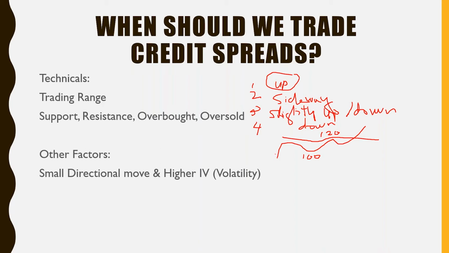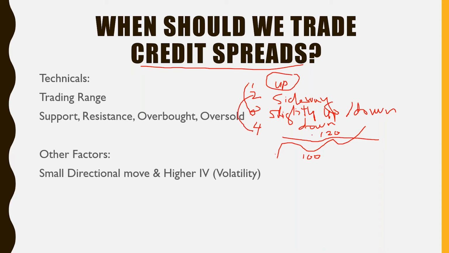So that's showing you that buying single options, the stock has to go up and into the money on the call side, and the put side is the same thing, it has to go down and into the money for us to make money. However, with a credit spread, if we do a bull put or a bear call, there are 3 scenarios where we can make money.